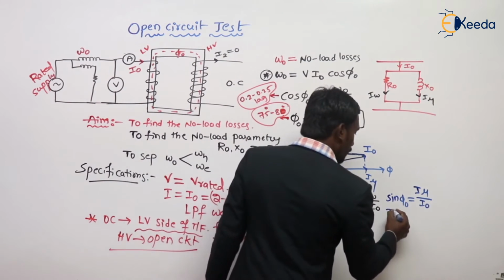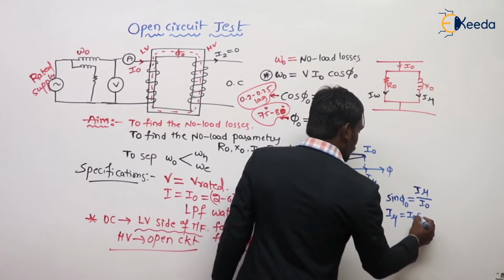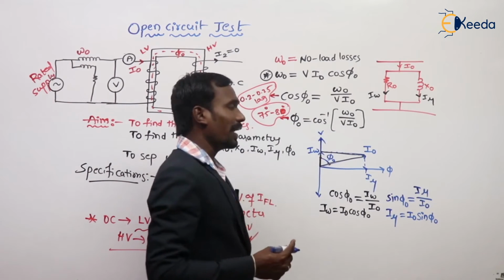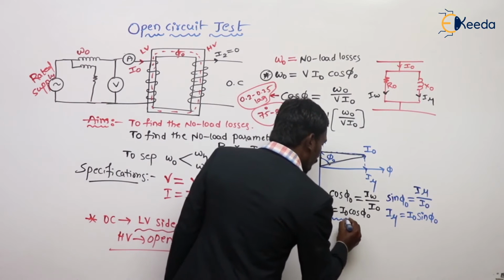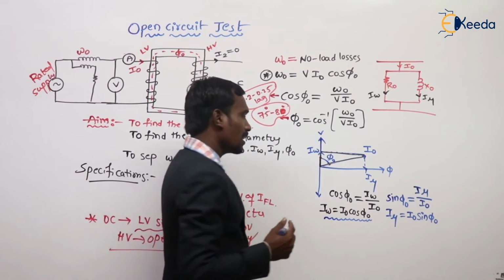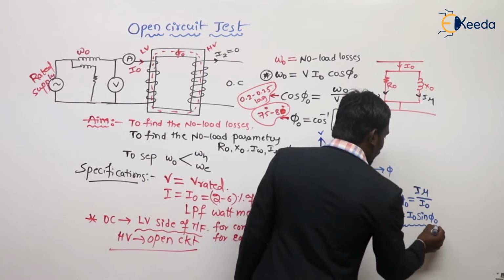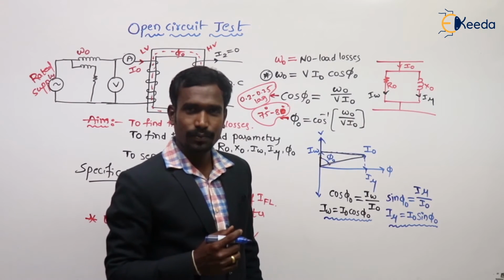Then I mu is equal to I naught sin phi naught. So IW is equal to I naught cos phi naught and I mu is equal to I naught sin phi naught. These two are very important.